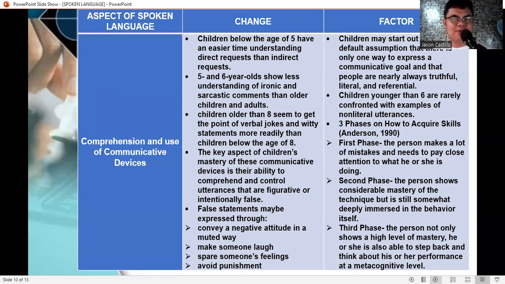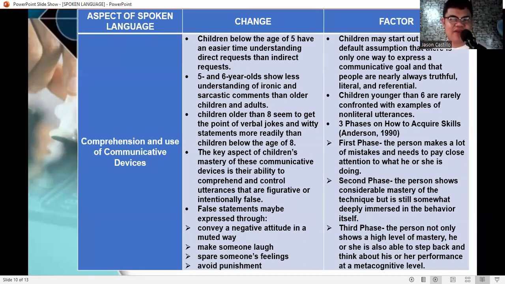Okay, so it is suggested by this paper that when we communicate to children below the age of 5, we must use direct requests, direct instructions rather than indirect. So instead of saying, oh, I'm hungry, we can say, let's go, let's eat.